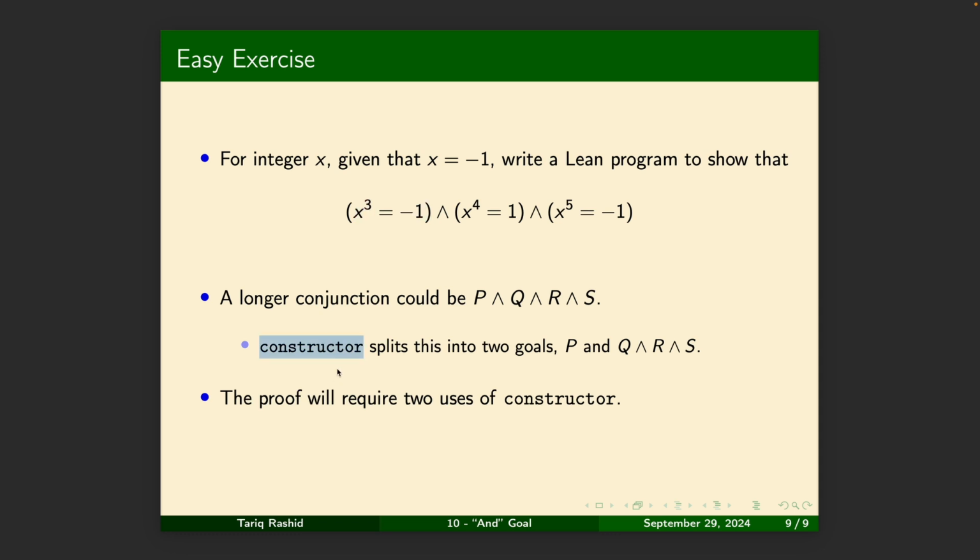Actually, there is something interesting here. The constructor splits it into the head and the tail, so you will have to use constructor again to pick off the bits that you want to prove. Let me draw a picture because that might be unfamiliar.